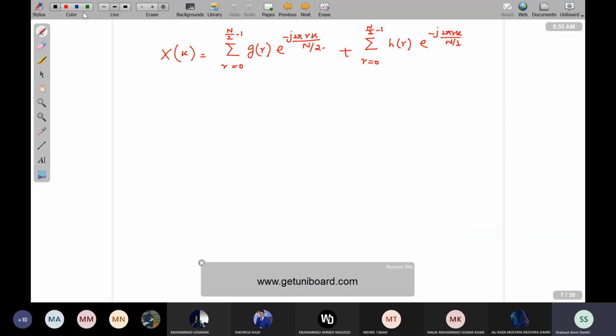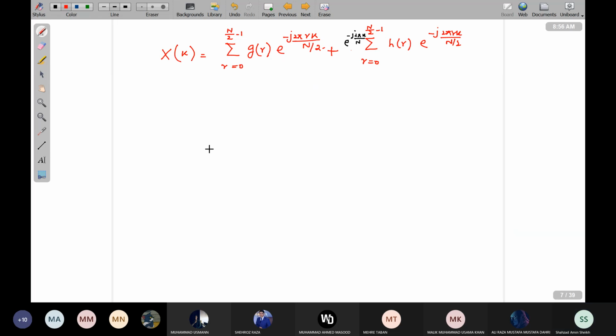So that term is exponential minus j 2 pi k over n. Any questions? Is everything clear?